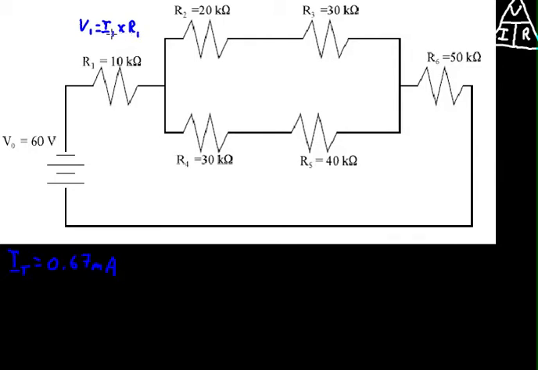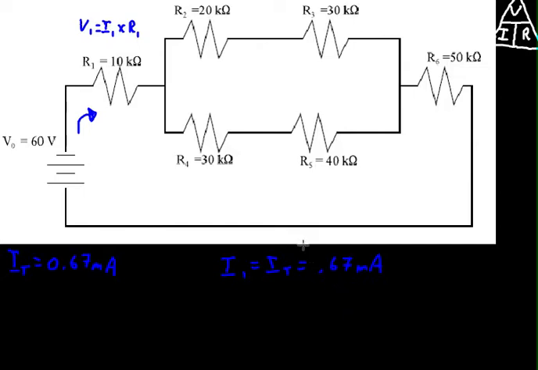Because all of the total current, this IT, goes through this resistor, we know I1 equals IT, which equals 0.67 milliamps.